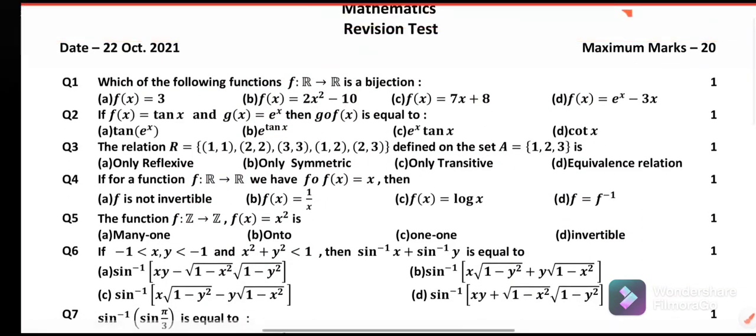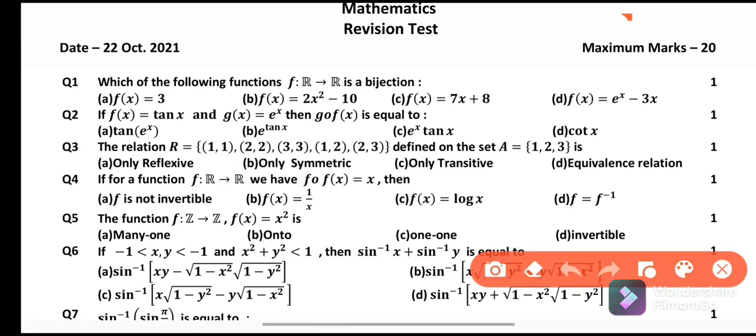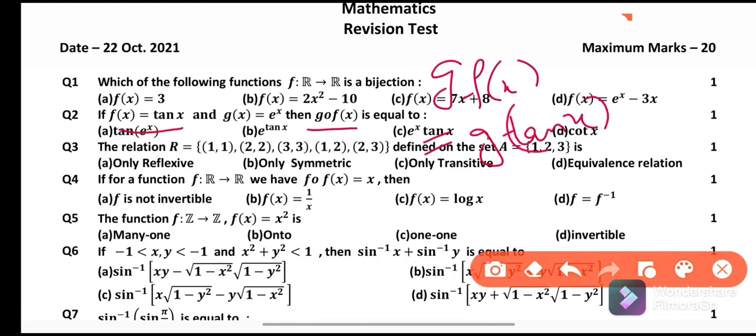Next question, if f(x) is equal to 10x and g(x) is equal to e raised to the power x, then g of f(x) is equal to. Now g of f(x) is g of 10x, which is e raised to the power 10x.